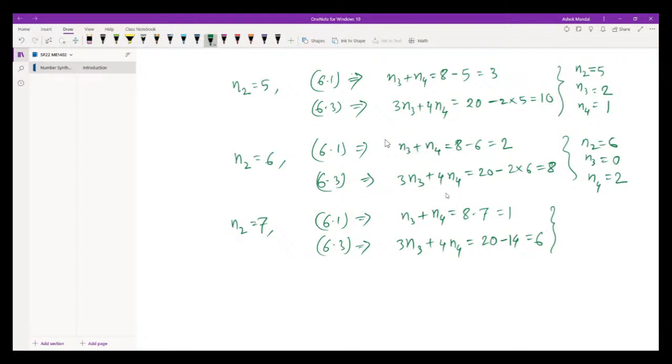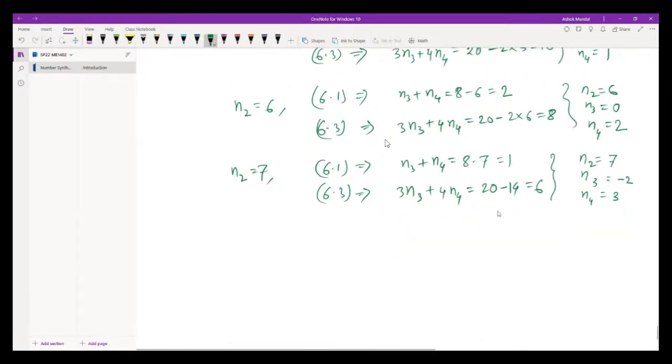Can you solve this too? n3 equals minus 2 and n4 equals 3. So is it a feasible solution? No, it is not a feasible solution. n3 cannot be negative. That means we cannot take this solution. So this is not feasible.